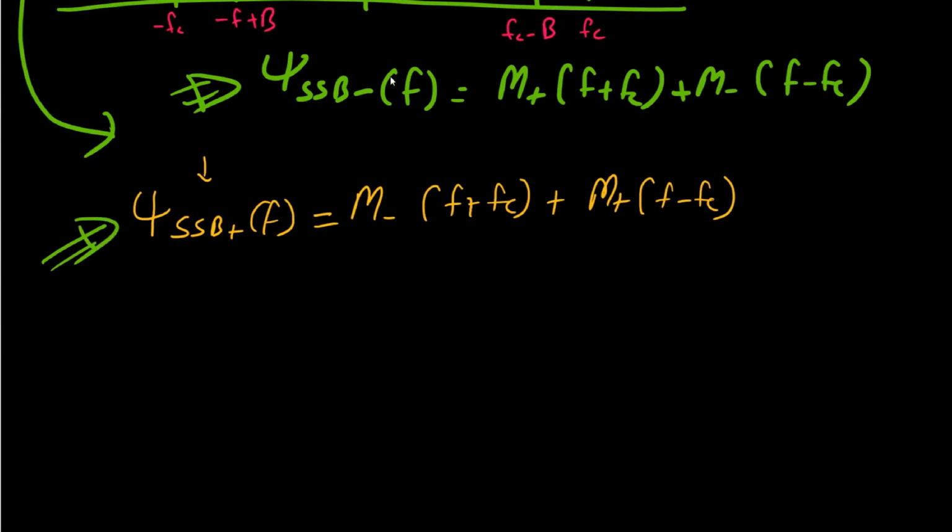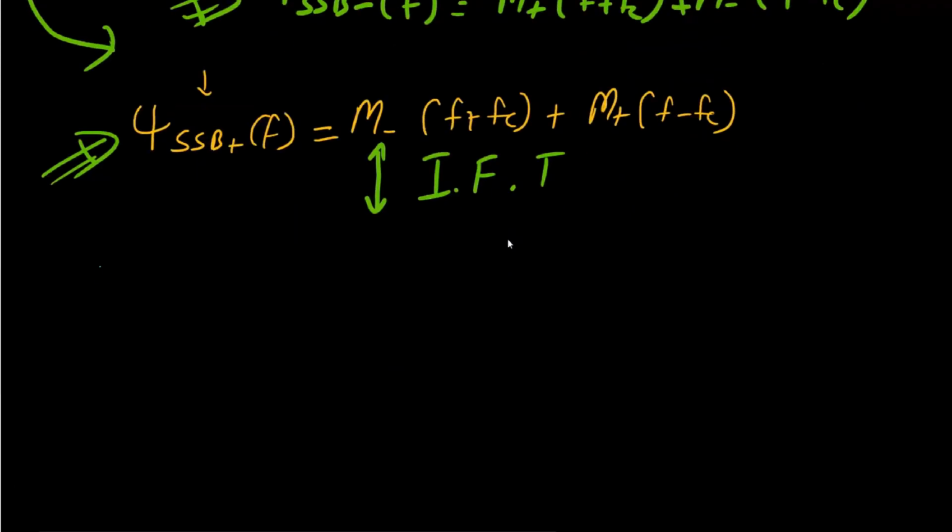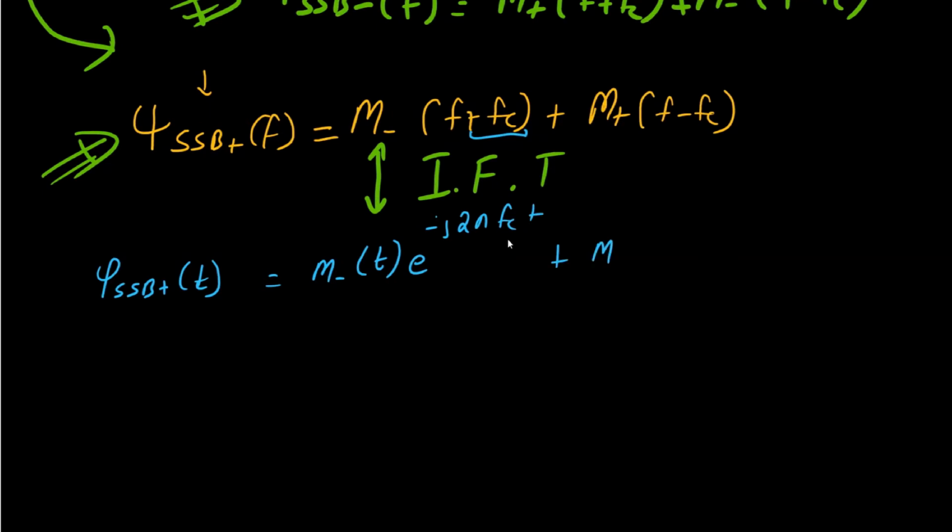Now if I take the inverse Fourier transform of this, we would have phi SSB plus of t. From here, m minus of f plus fc, we can say this is now m minus of t times, by the frequency shifting property, e raised to power minus j 2 pi fct, plus m plus of t times e to the power plus j 2 pi fct.